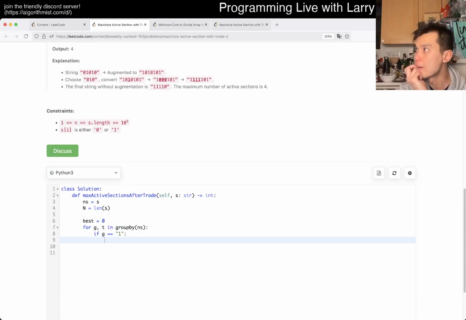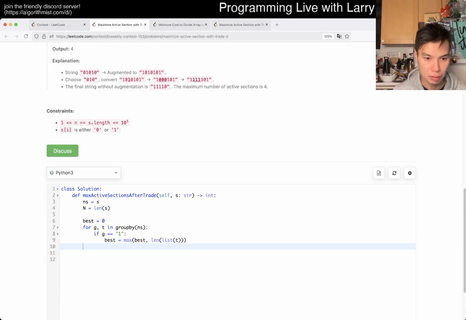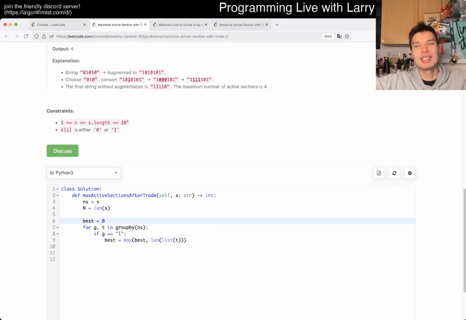I guess it doesn't matter. No, it should be in the second part, right? So it's just case analysis. And also we don't want the best, we want the min, right, in a greedy way.